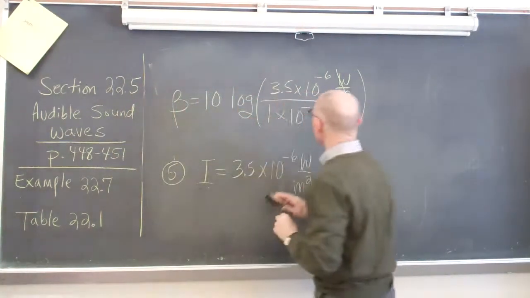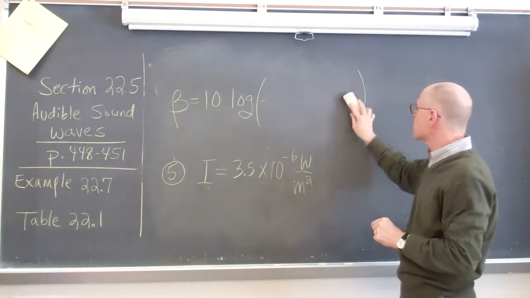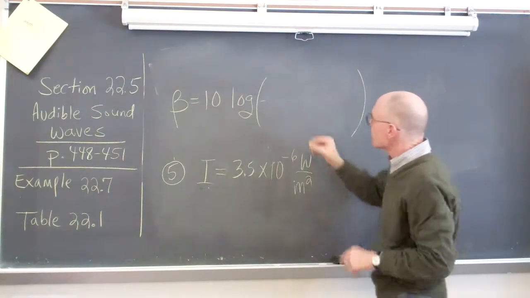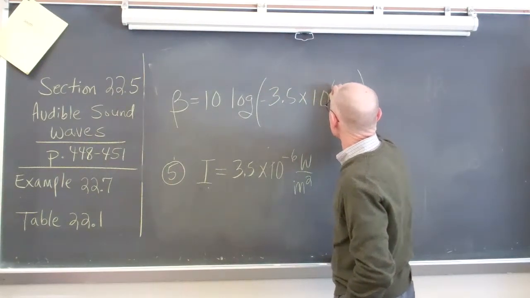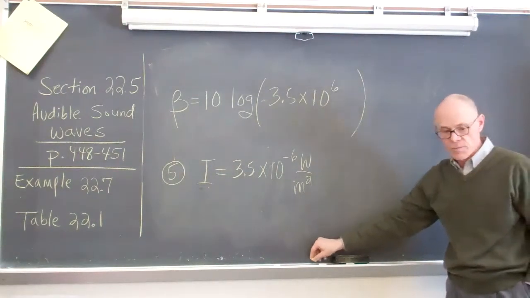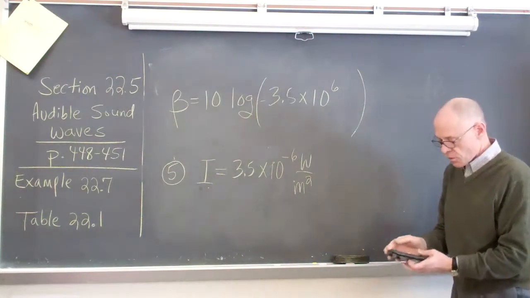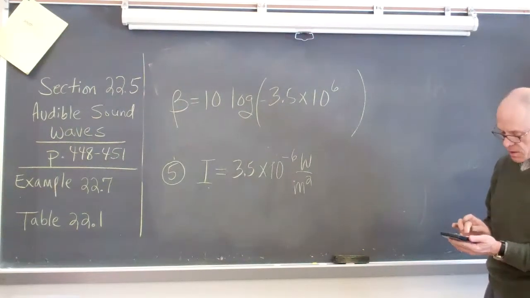You could also do this in your calculator too. I'm just showing you that it can be done manually. So you end up with 3.5 times 10 to the 6th, and the units have canceled out. So you could just enter that in your calculator, 3.5 times 10 to the 6th.